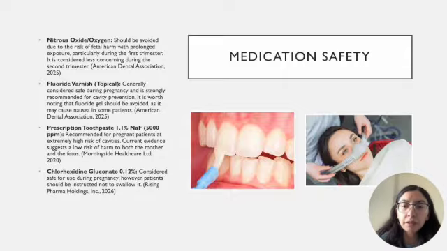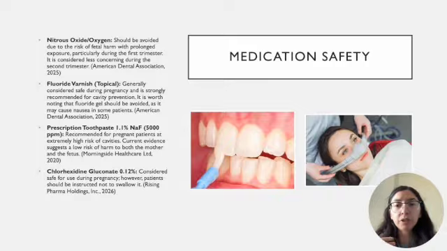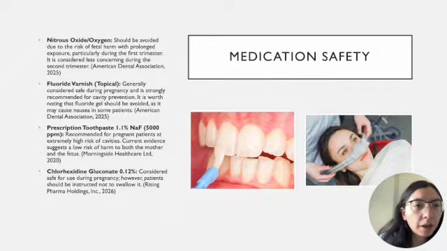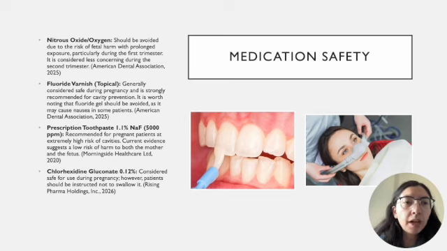Some people are still skeptical about fluoride alone, so this information is important to take into consideration when medicating patients. First, we're going to talk about nitrous oxide oxygen. It should be avoided due to the risk of fetal harm with prolonged exposure, particularly during the first trimester.